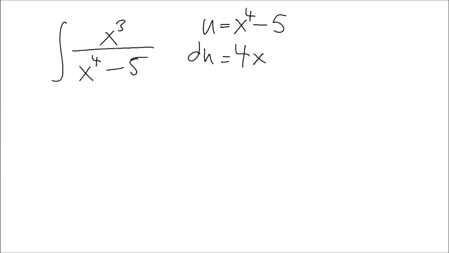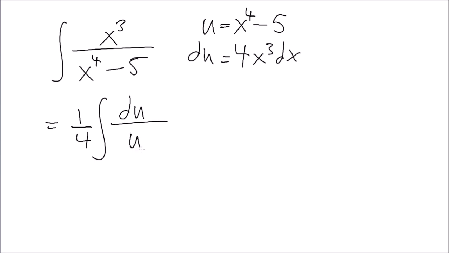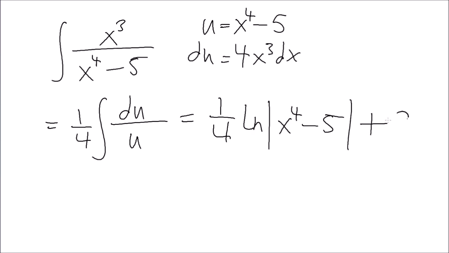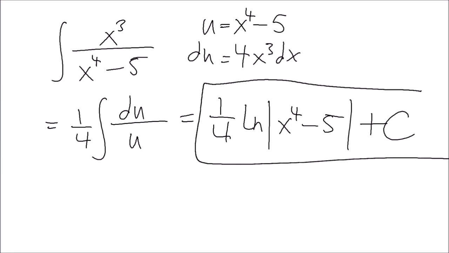So your du is 4x cubed dx. That 4 gets divided, 1/4 du. Instead of u minus 5, you just get that whole u all to yourself. And now this is just 1/4 ln of u, and that u is x to the 4 minus 5.